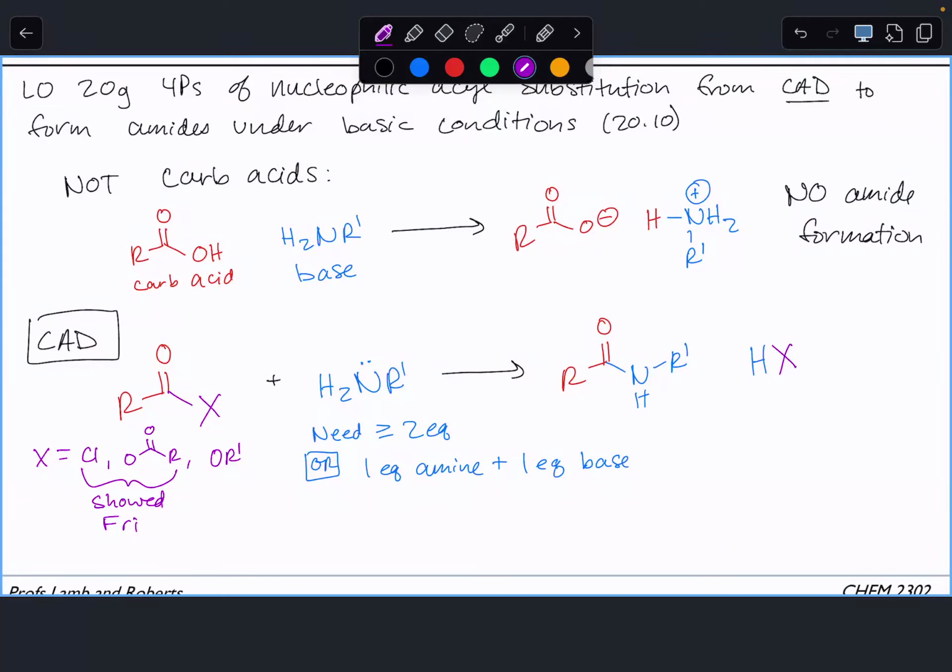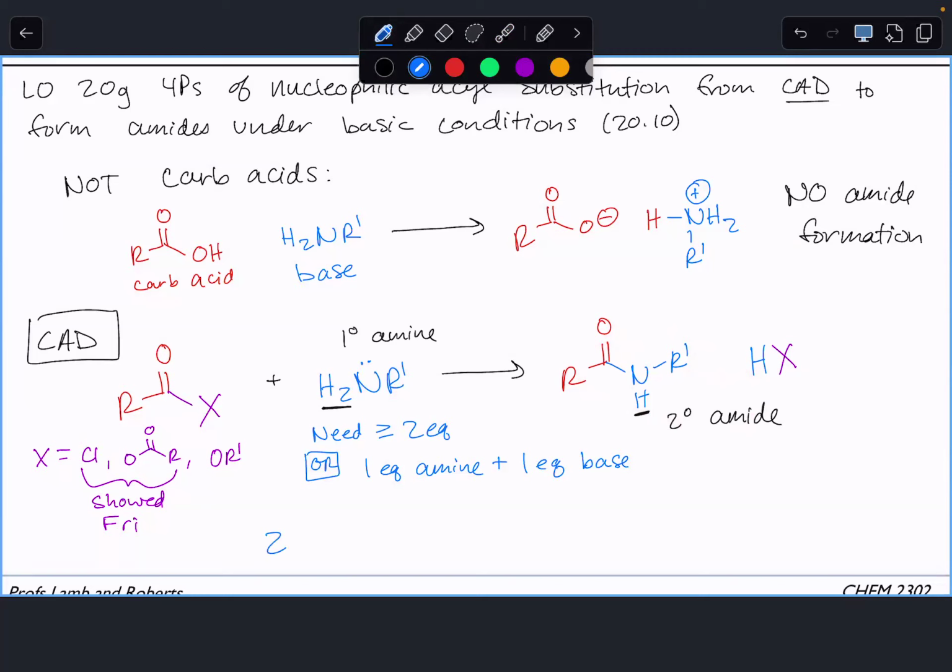The last thing I want to mention about this is just reminding ourselves of our nomenclature. This amine has 2 hydrogens on it, so that means it's a primary amine. When you do this reaction, you now have 1 hydrogen on your nitrogen, so we get a secondary amide. We lost a proton as we gained this acyl group. So a primary amine goes to a secondary amide.